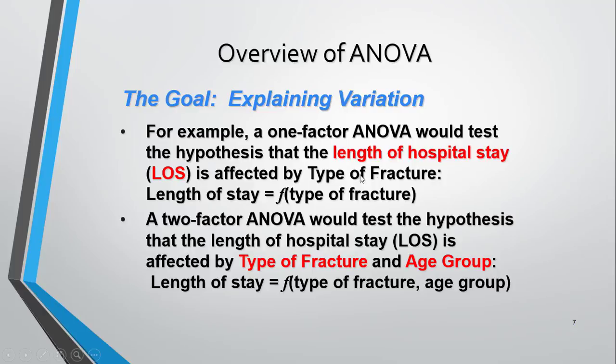Obviously, how long you stay in the hospital is affected by the type of fracture. If you have a hip bone fracture, you only need to stay for maybe, I don't know, a week. You have a skull bone fracture, you may have to stay for a month or 2 months, right? So that's one factor ANOVA.